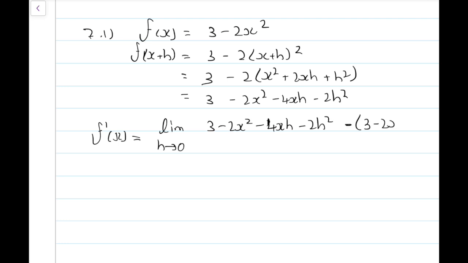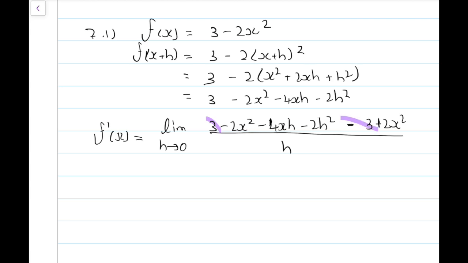But now I'm just going to show you immediately that we're going to distribute that negative inside. So it ends up with minus 3 and then plus 2x squared there, all over h. We're going to see that our terms from the f of x are going to cancel out. The 3 and the minus 3, the minus 2x squared and the positive 2x squared cancel out.